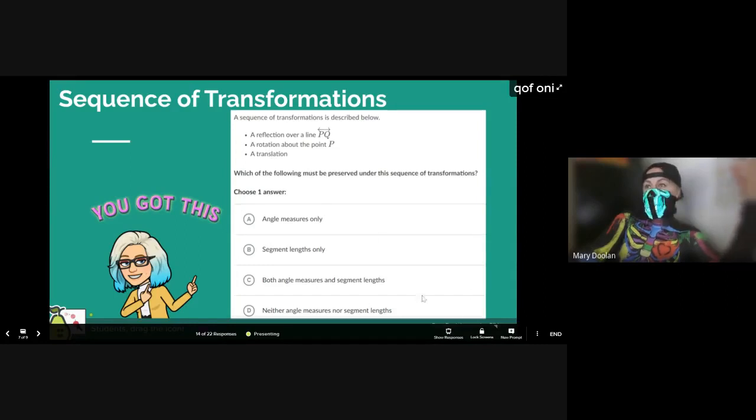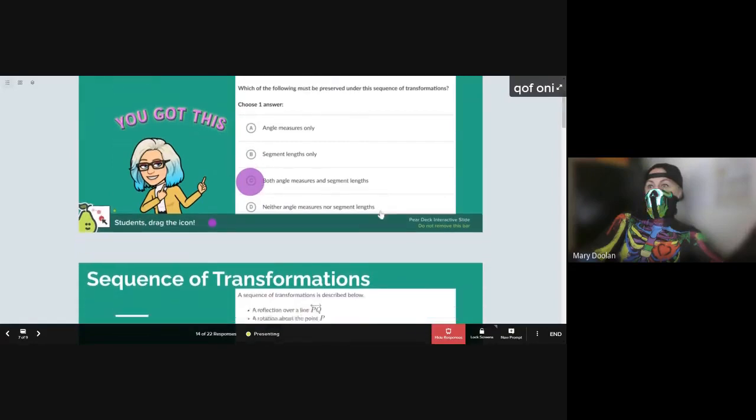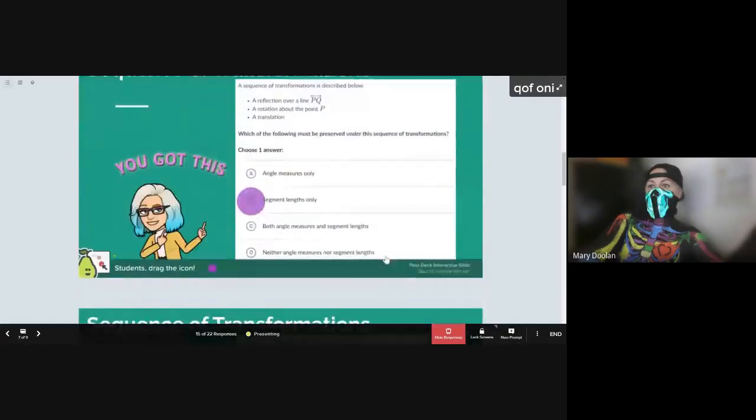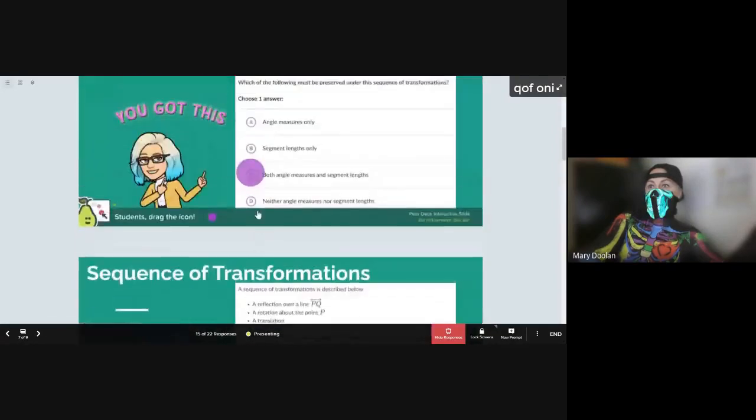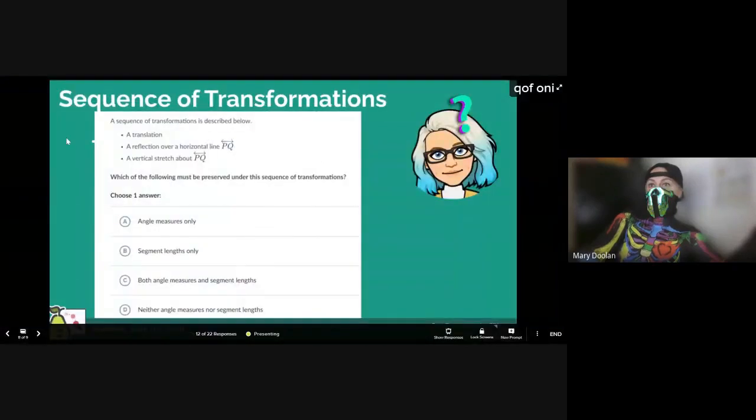Those are all rigid, which means that both angle measures and segment lengths are preserved. Okay, that one's not right. Right here. So both angle measures and segment length. C is the correct one. And then for 8, we have another sequence of transformations. A translation, that's rigid.